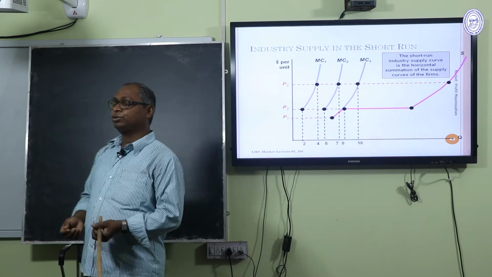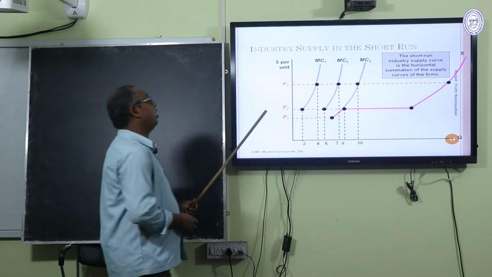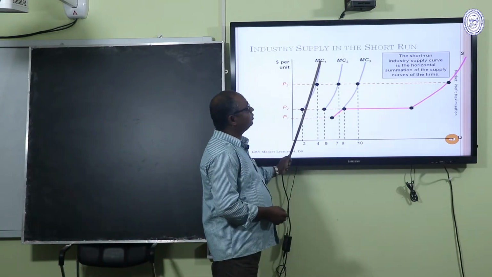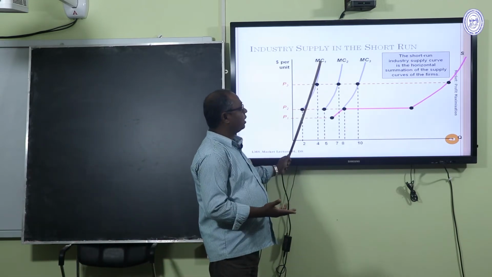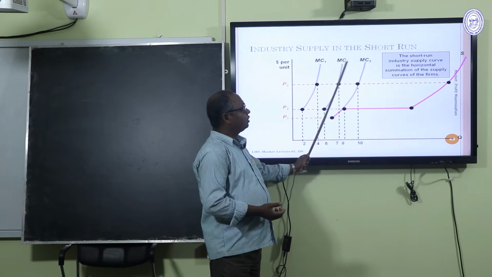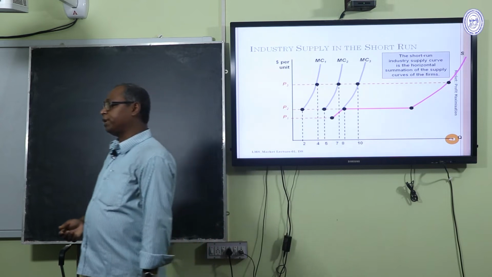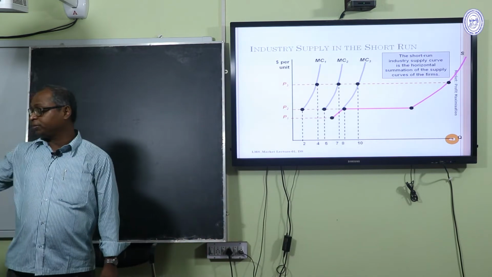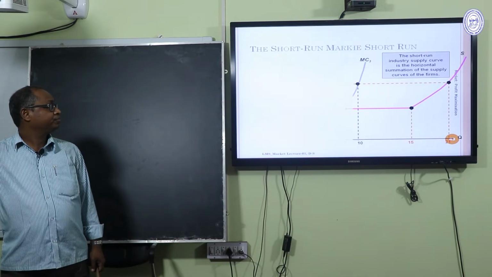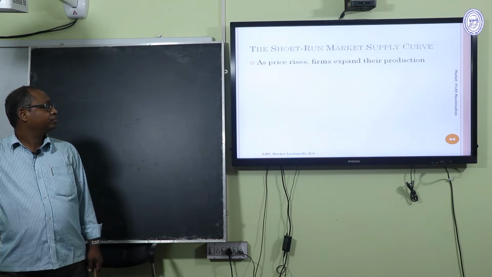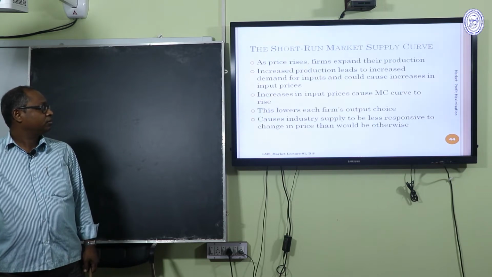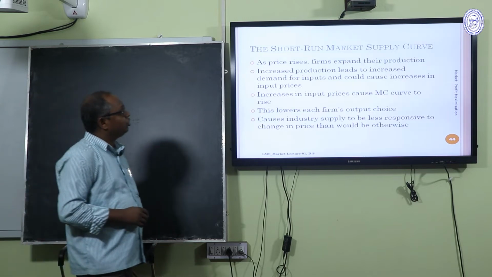One thing I should mention here: the market supply curve is more elastic compared to the industry supply curve. Why that will happen, I'll come to it later.